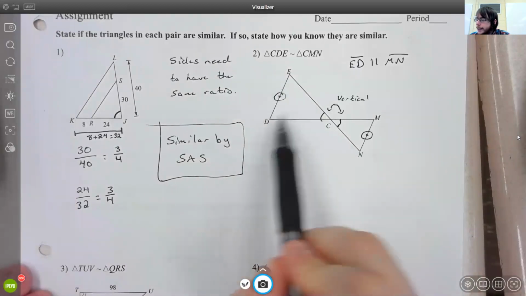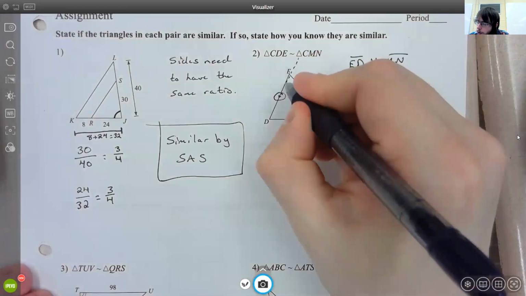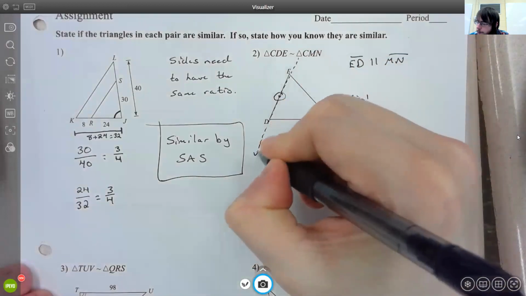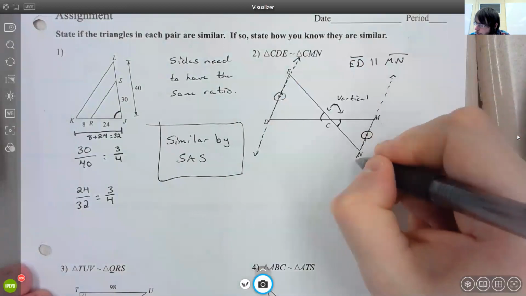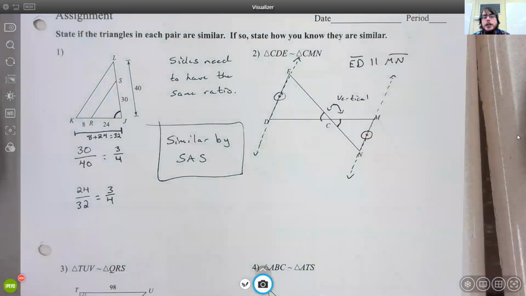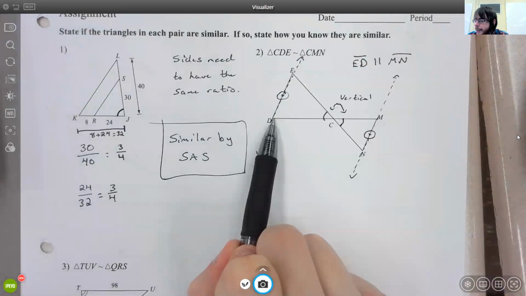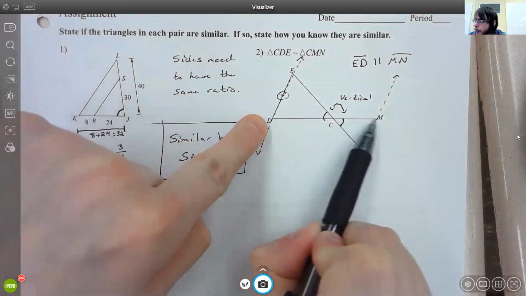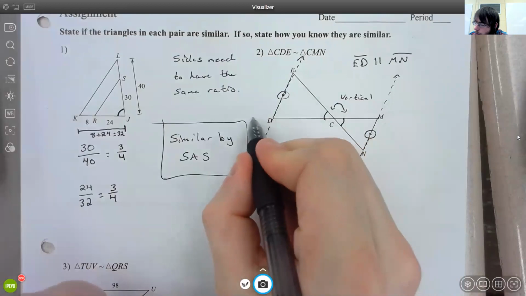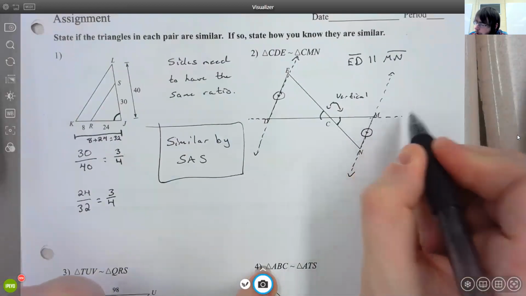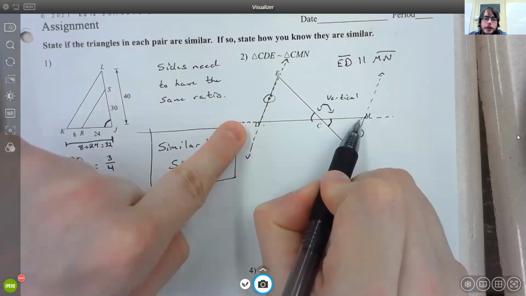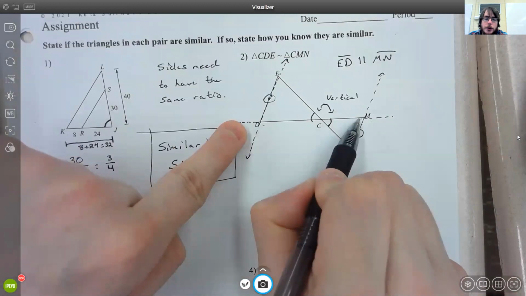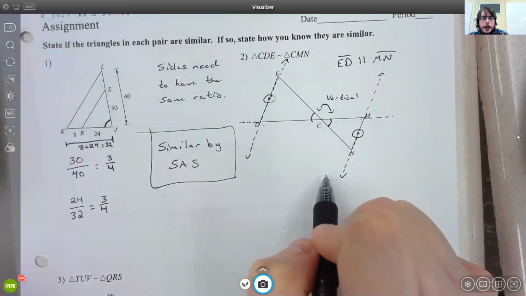Well, we know that ED and MN are parallel. So I'm going to extend these lines. Now we talked about parallel lines and transversals. So for instance, if I talk about angle D, I see that this here would be my transversal. There's another angle that's also on the same transversal, and that is angle M. Now look at angle D and look at angle M. What type of angles are they?